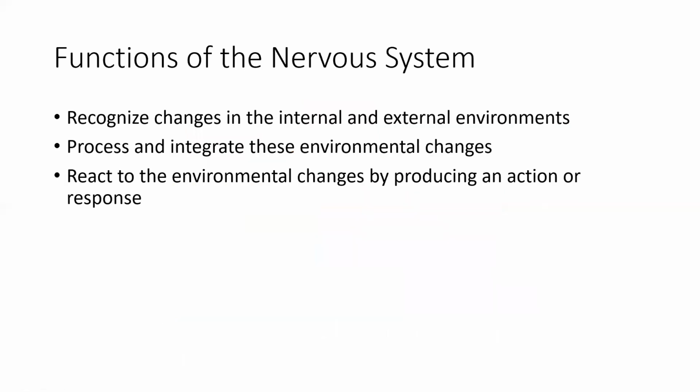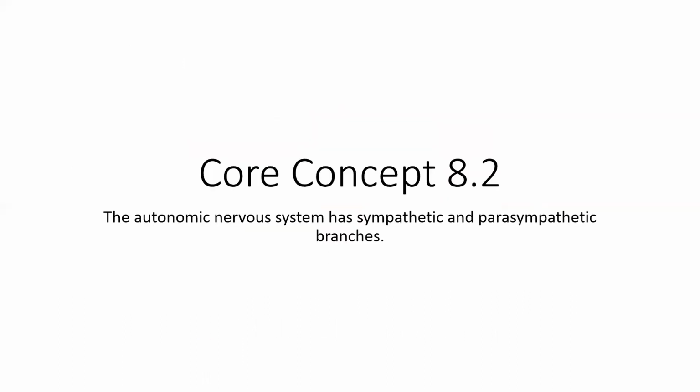Now, the functions of the nervous system altogether: they recognize the changes in the internal and external environment, what is happening. They process and integrate these environmental changes, and they react to the environmental changes by producing an action or response. The autonomic nervous system, we talked about sympathetic and parasympathetic.